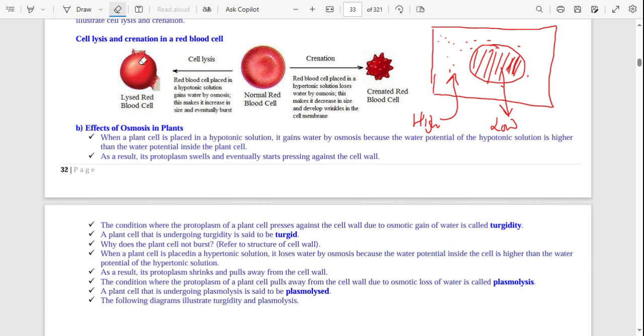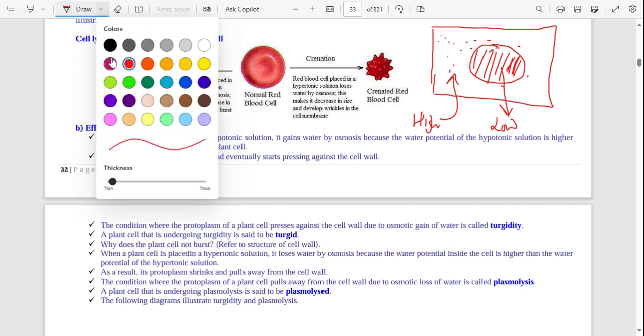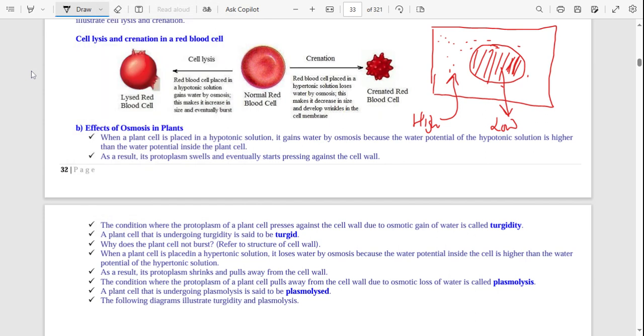Let's say, for example, we're talking about a hypertonic solution. How does it affect movement of water? For a hypertonic solution like this one, it means that it has got a high concentration. Remember, high concentration means low water potential. So what does that mean? It means that water is more inside the cell. So water will start moving out of the cell because it is more.